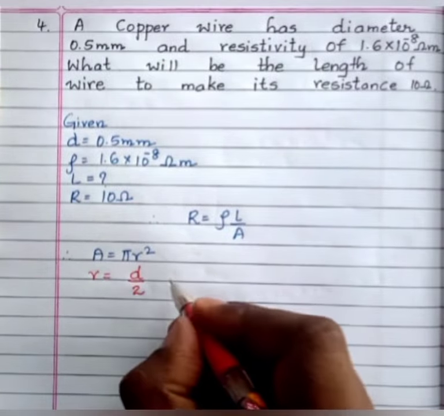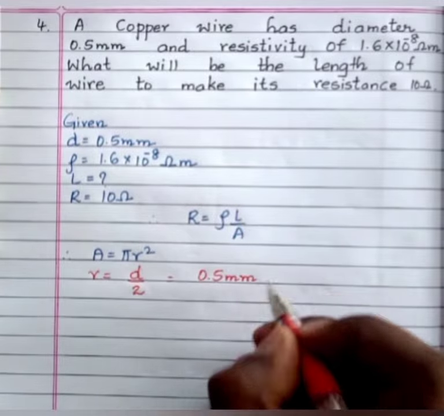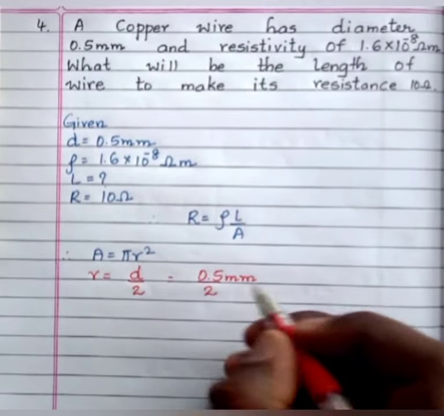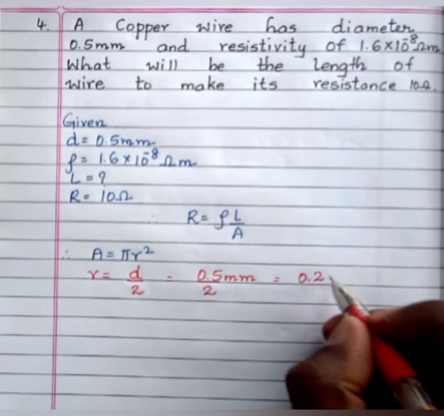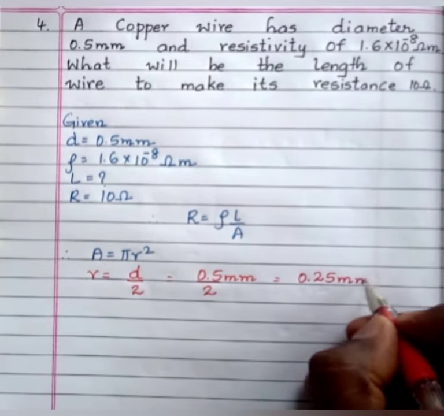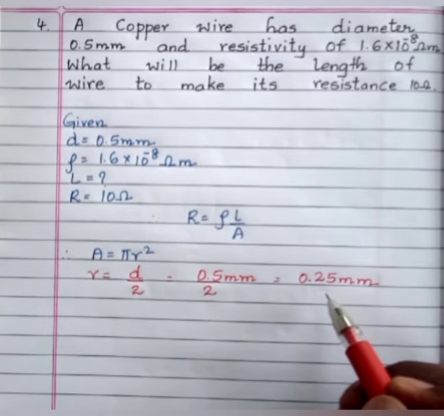R equals diameter divided by 2, which is 0.5 millimeter divided by 2. We get 0.25 mm. 0.5 divided by 2 we get 0.25 mm. We need to convert it in terms of meter.